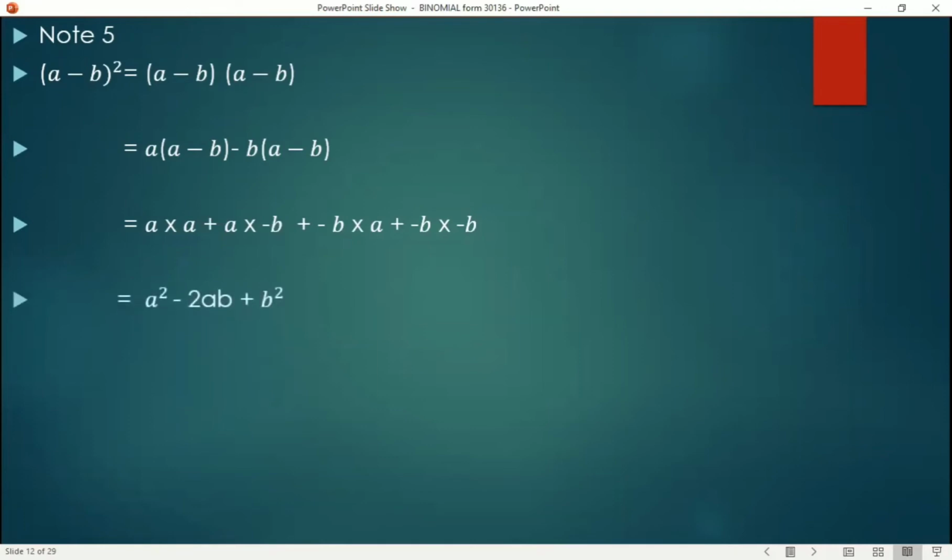So you have a squared minus ab minus ab gives minus 2ab plus b squared. So this is a very important result: (a minus b) to the square is a squared minus 2ab plus b squared.